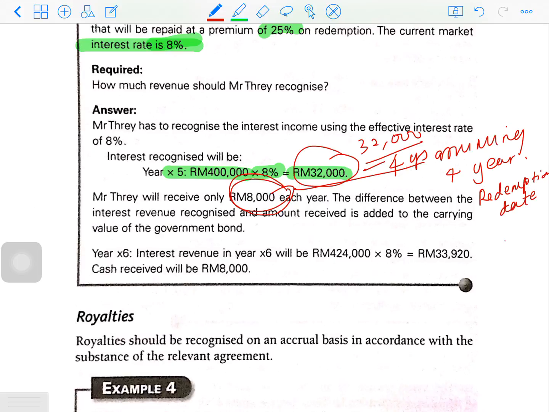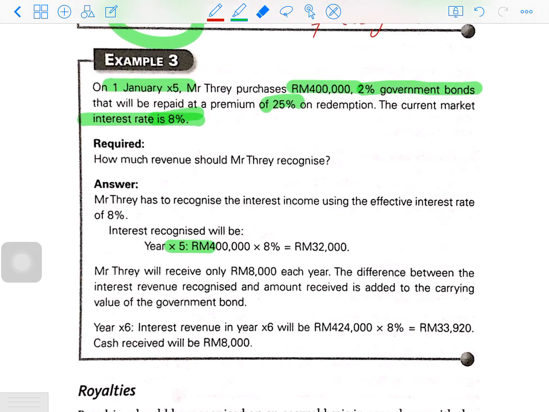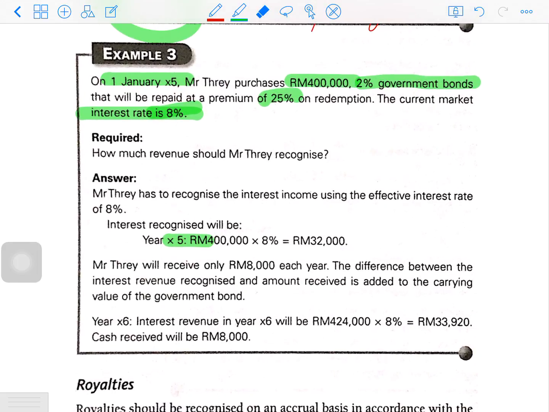Sorry. One mistake here. I didn't see the calculation at the bottom. The bond is 400,000, the interest rate is 8%, current market interest rate.